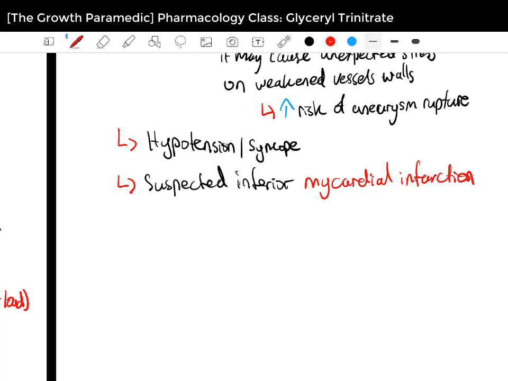Actually, I should have highlighted inferior in red as well, because they're together. So suspected inferior myocardial infarction, but only in this case if the right ventricle is involved.